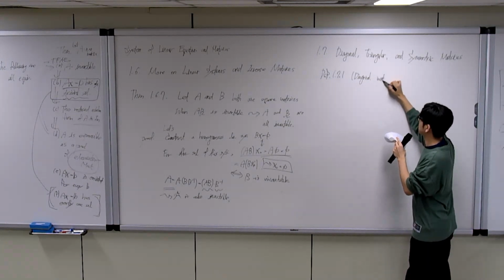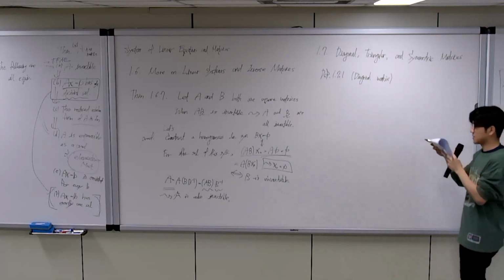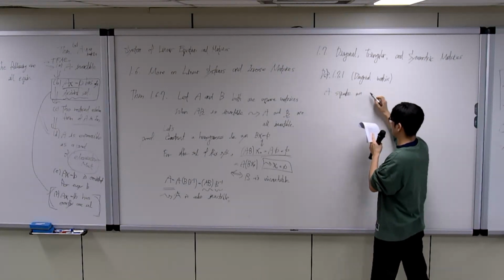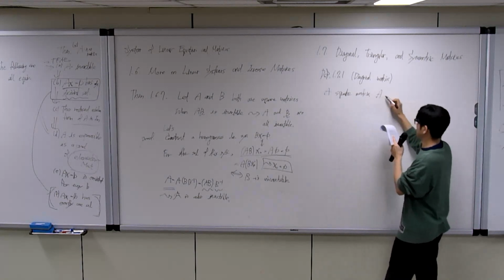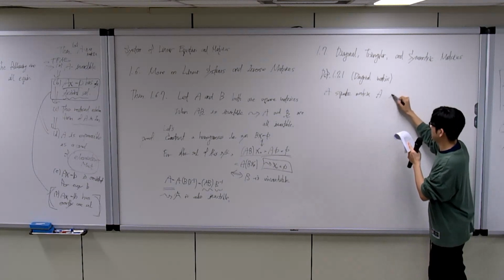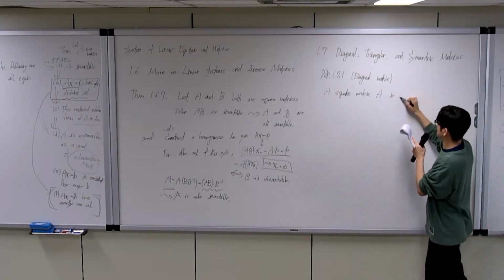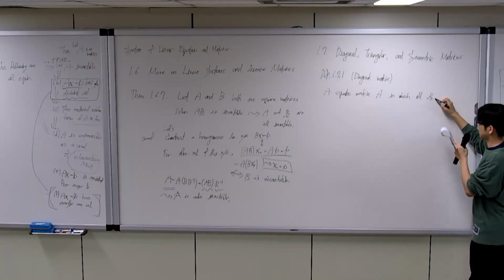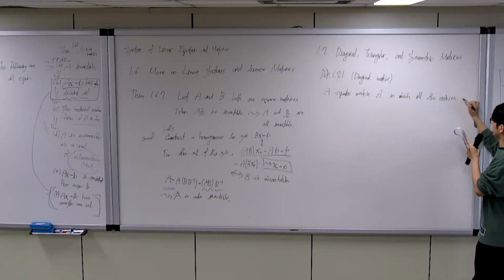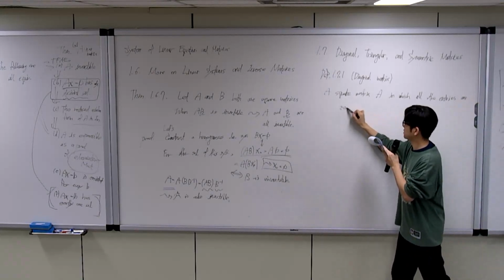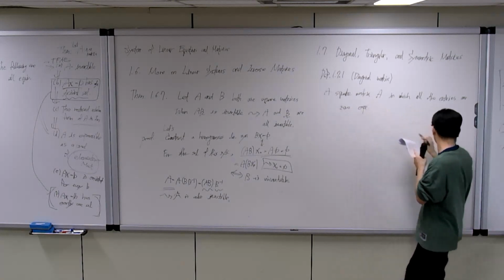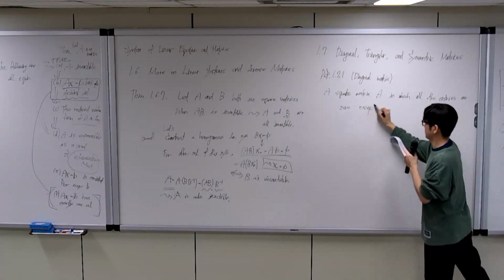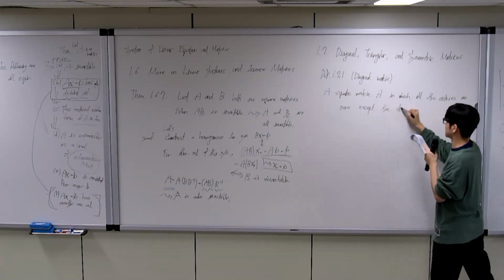As the name suggests, it is a diagonalistic matrix, so we will consider a square matrix A, and its entries are 0 except the main diagonal entries.